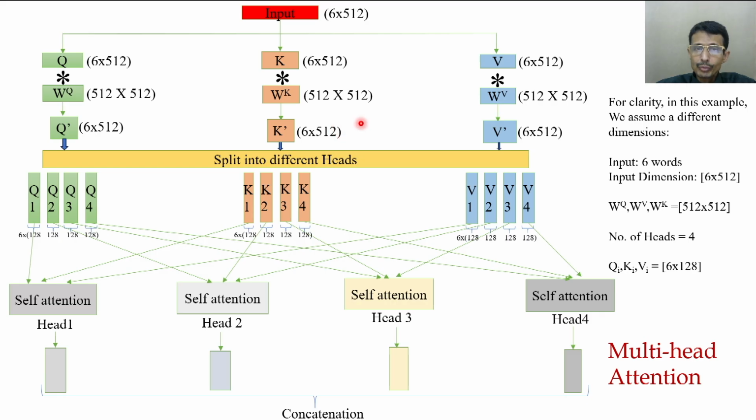In this hypothetical example, we take 4 pairs of words, 4 heads, and for every pair we get the self-attention. This increases the flexibility or expressiveness of the model much higher, 4 times basically.